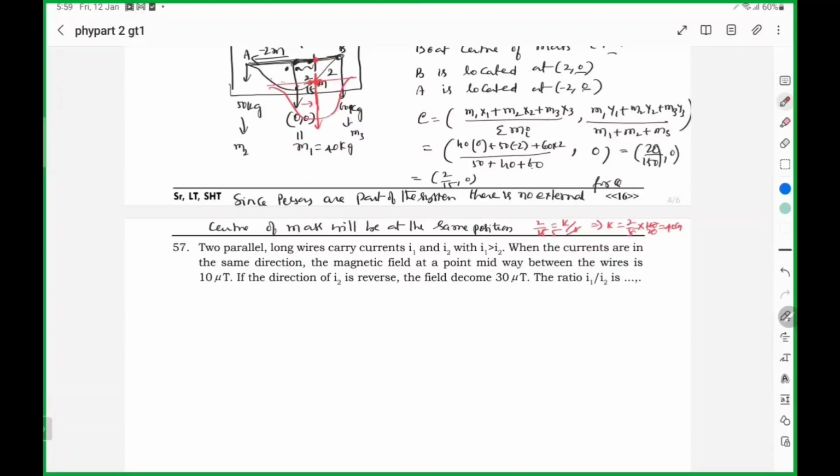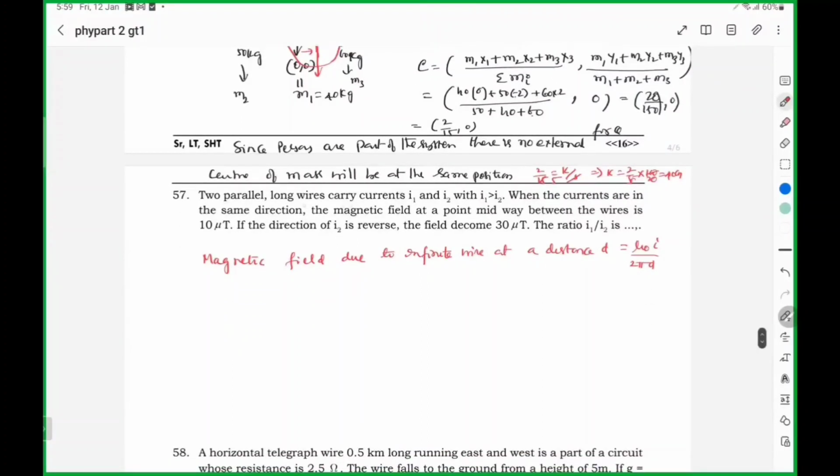Two parallel long wires carrying current I. The magnetic field due to an infinite wire at a distance d is mu naught I by 2 pi. Here, current I1 is passing through one wire.